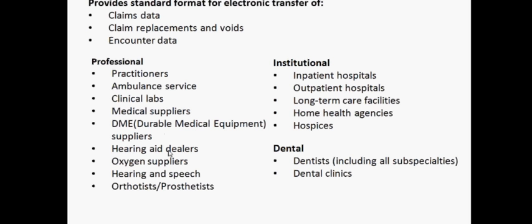The hearing aids, the dealers, the supplies, any services for your hearing and speech, and orthodontists, etc., fall under the professional. Then your inpatient hospitals, outpatient hospitals, long-term care, home health, skilled nursing facility, etc., all come under institutional claims, and your dental clinics come under dental claims. So it's quite obvious here.